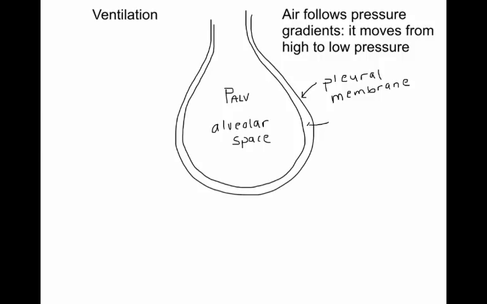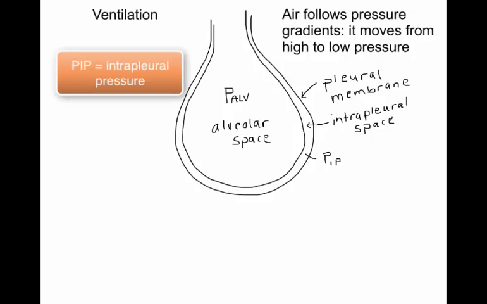So inside here is the intrapleural space. And this has a pressure associated with it as well. And the pressure inside here we can call P sub IP for intrapleural space.